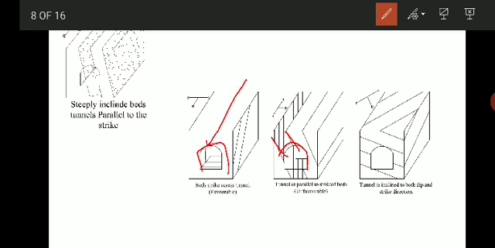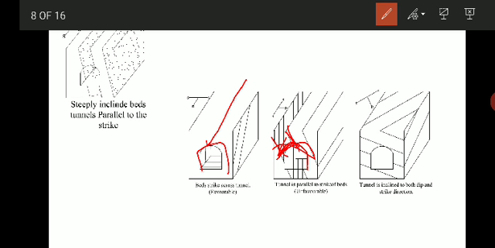Here all the bedding planes were coming across the tunnel. So here the pressure distribution is unsymmetrical along the periphery of the tunnel. Along the periphery, here you will come across a bedding plane, here you will come across a bed, okay. So this is unsymmetric pressure distribution.